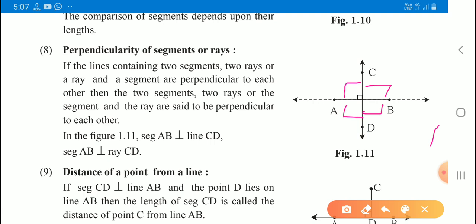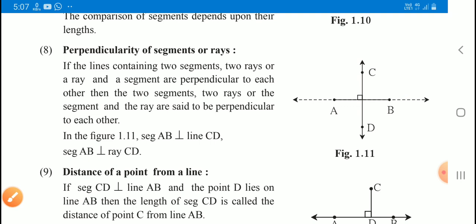Here segment AB and CD are perpendicular, so you can say segment AB is perpendicular to ray CD. Do you understand this? It means they make an angle of 90 degrees.